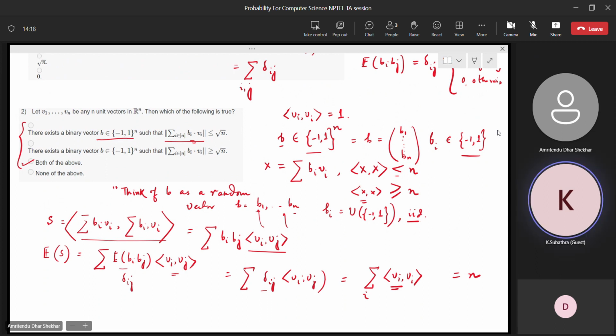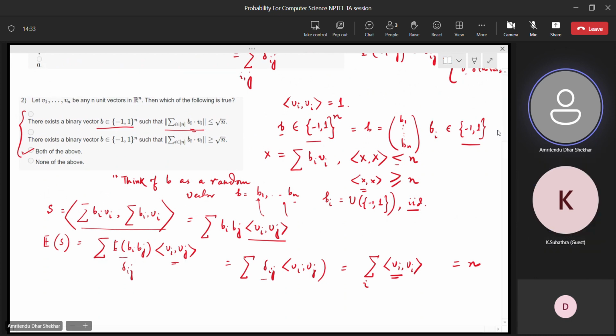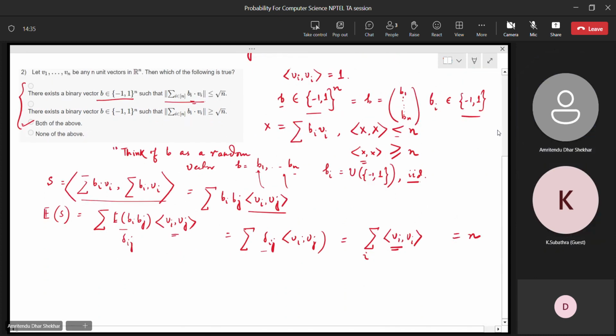How come it will be less than or equal to root 10? Similarly, it is greater than or equal to also root 10. Yeah, both of them are true because the expectation is equal to n. So that means that S, you understand, is the square of this norm, right?